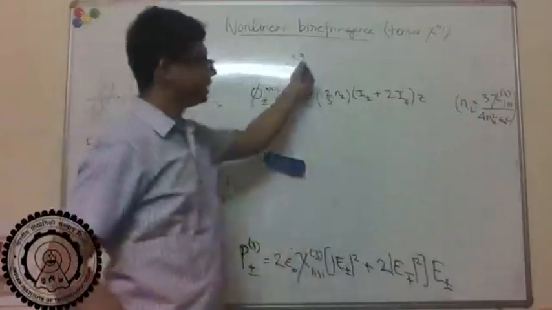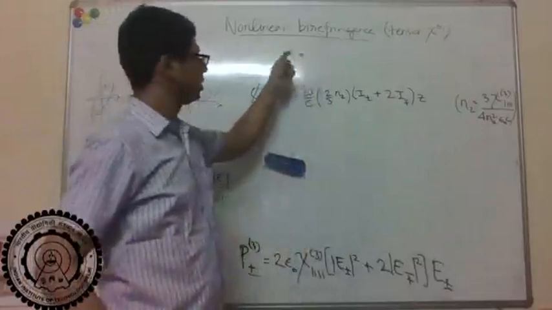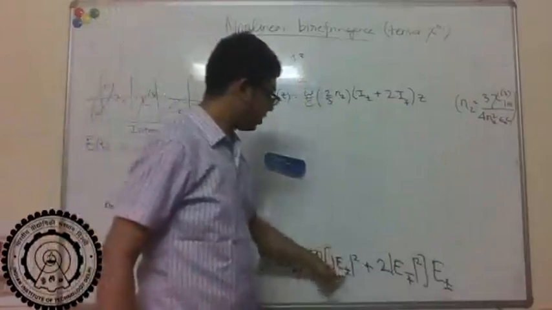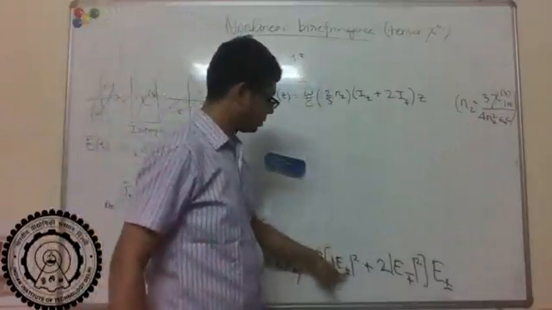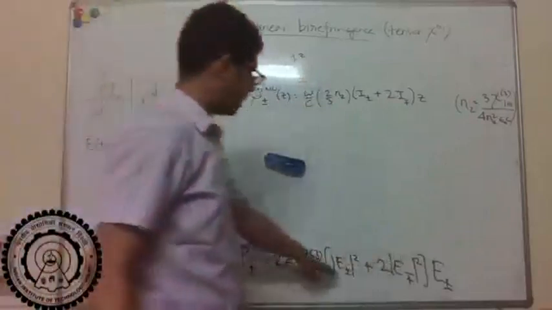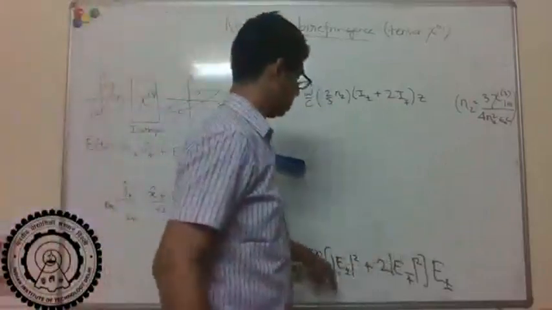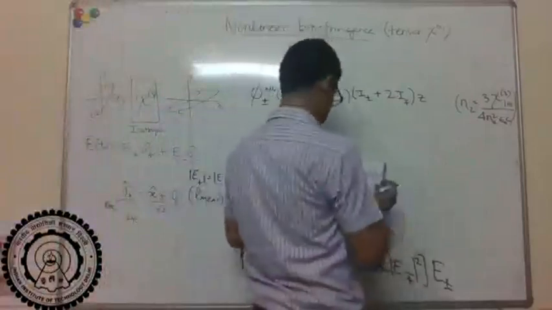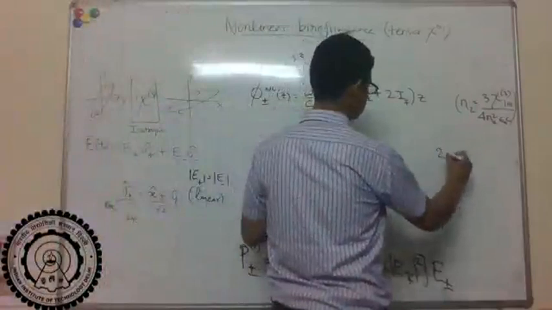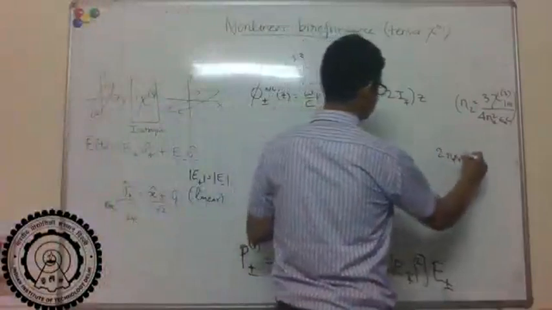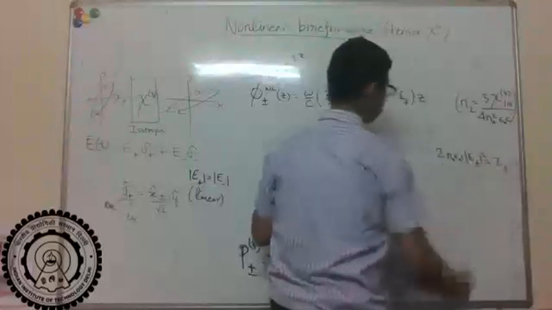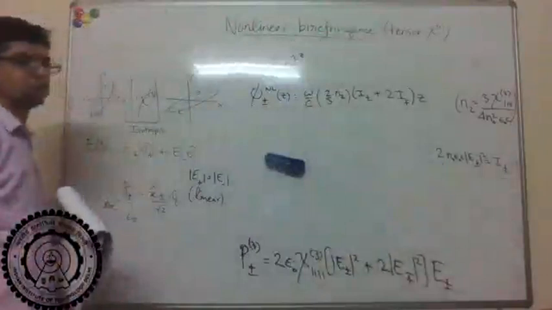So instead of the usual just I, if you have just one beam, I have two components of I, I plus and I minus, which is basically 2 n naught epsilon naught c mod E plus squared as I plus, and minus is I minus.